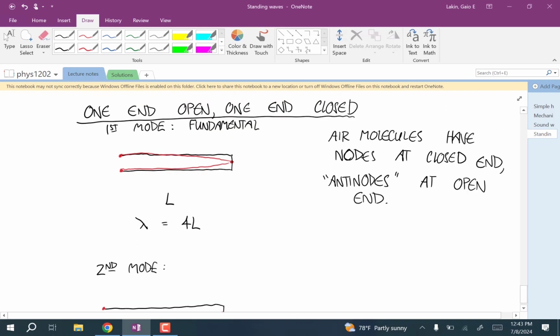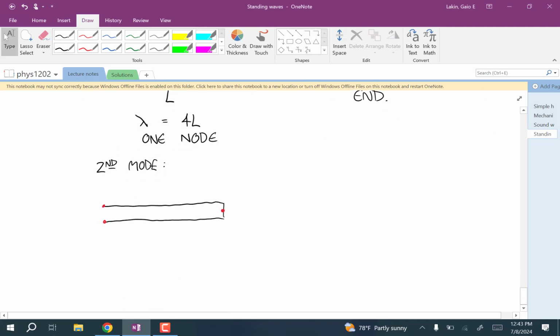But now, this one had one node. This time, in this length L, we're going to have 2 nodes. And so there's going to be a second node here. And this wave is going to look like this.